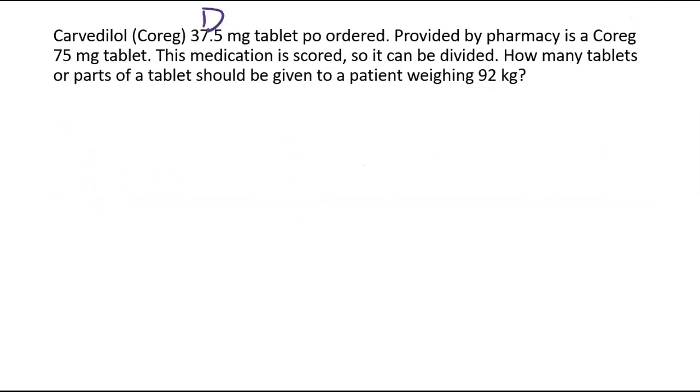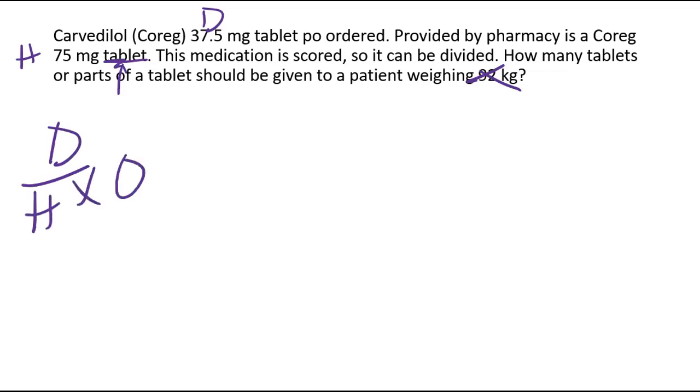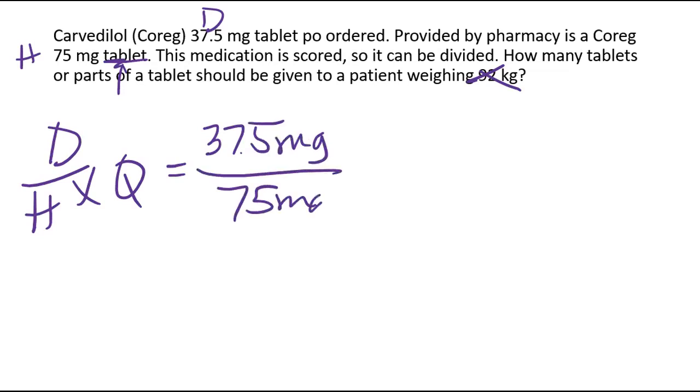The next one we're going to do is 37.5. That's your desired. This is what you have, and that's your volume, basically. How many tablets will be given to a patient that weighs this much? It's not weight-based, so we don't care. Desired over have times tablets. 37.5 milligrams divided by 75 milligrams times 1 tablet, because this is 75 milligrams per tablet.